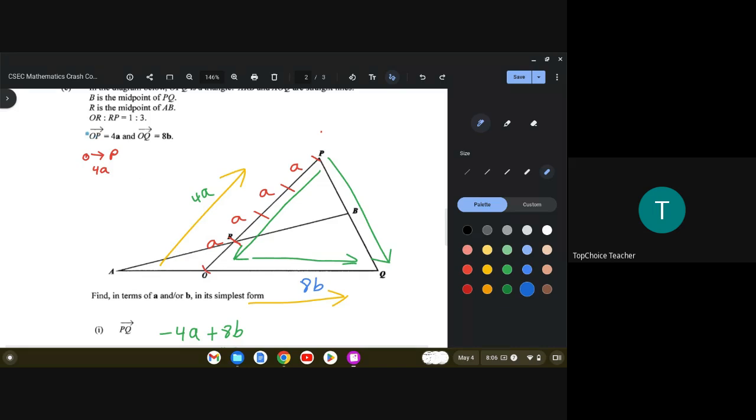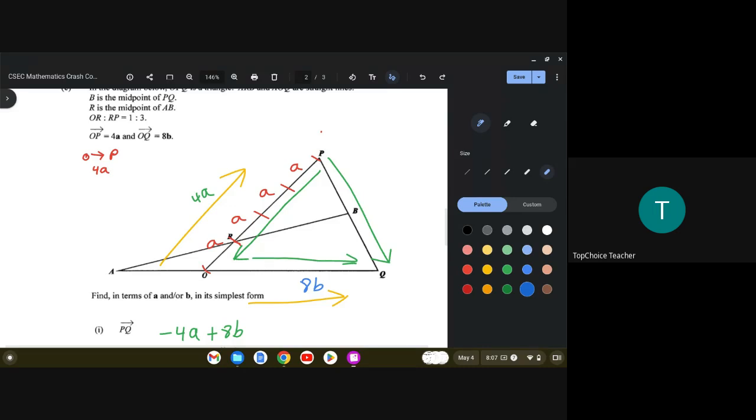If this was PO, I would have to start from P and go down to O, so this arrow would have been downwards. Do you understand now why this arrow is pointing in the upward direction? The first letter is O, the second letter is P. So I'm starting at O and ending at P, meaning I am going in the upward direction, so I'm pointing this arrow in that direction. Does that clear it up?